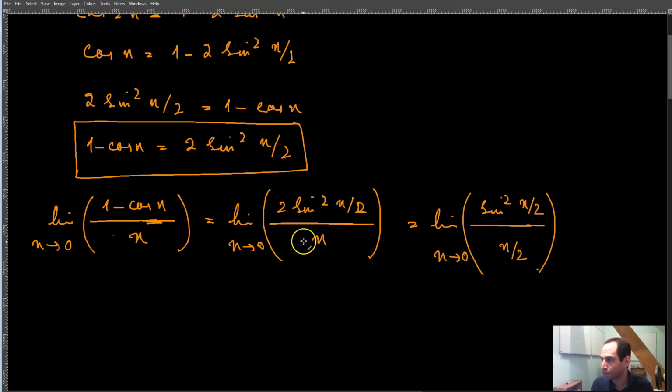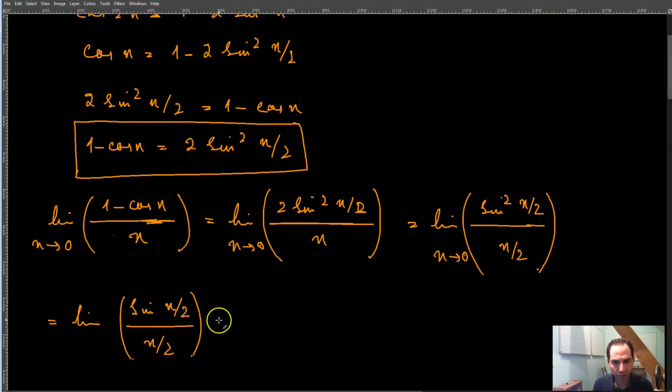You can write this as the limit of sine of x divided by 2 by x divided by 2, times the sine of x divided by 2, as x tends to 0.